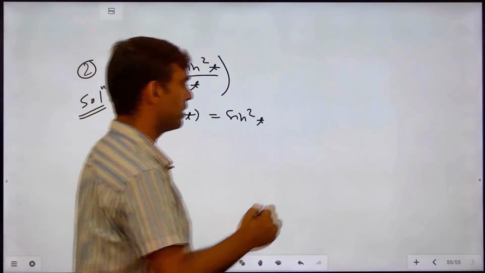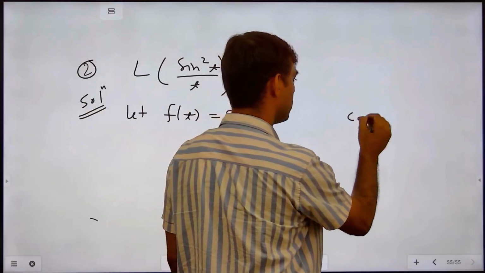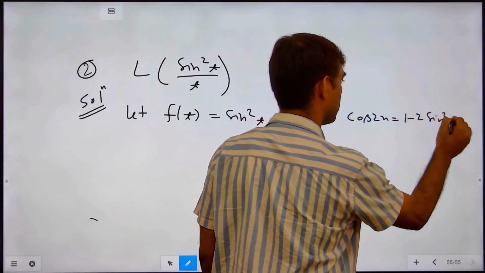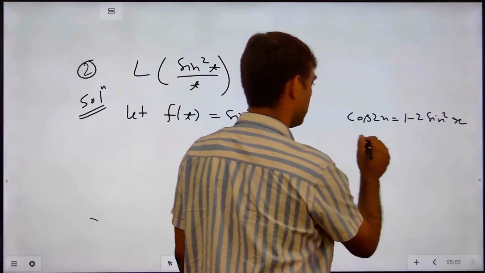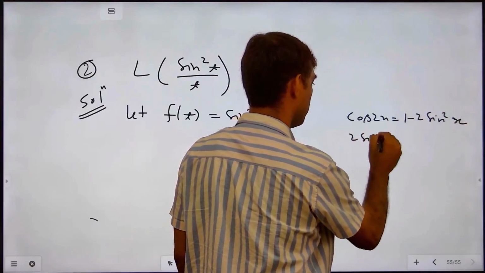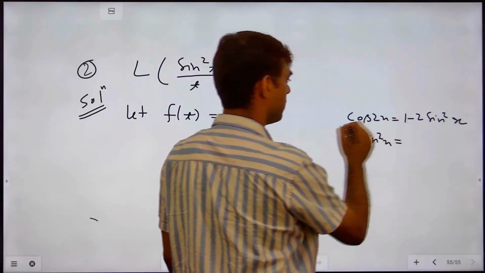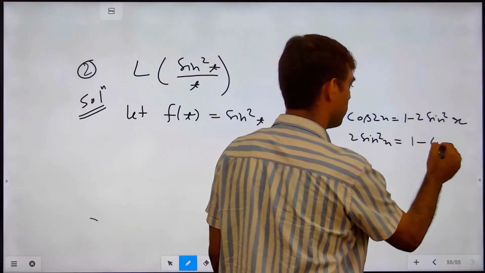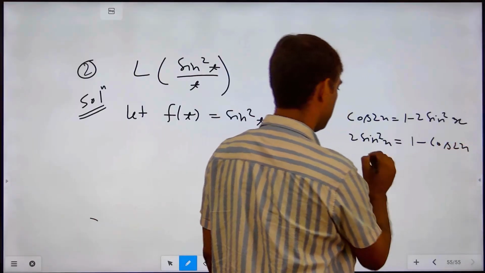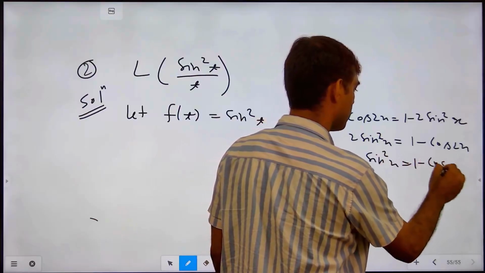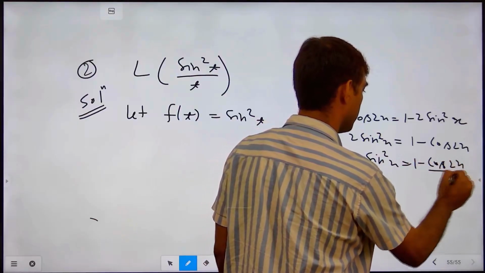As we know, cos 2x equals 1 minus 2 sin square x. So, 2 sin square x equals 1 minus cos 2x, and sin square x equals (1 minus cos 2x) by 2.